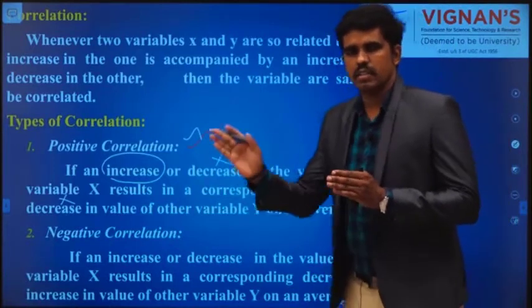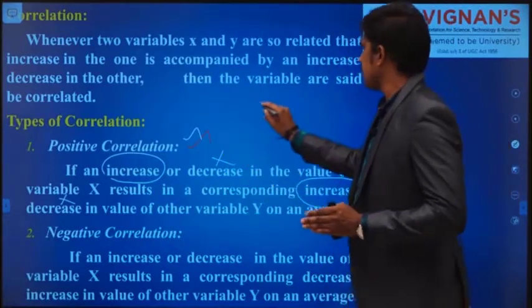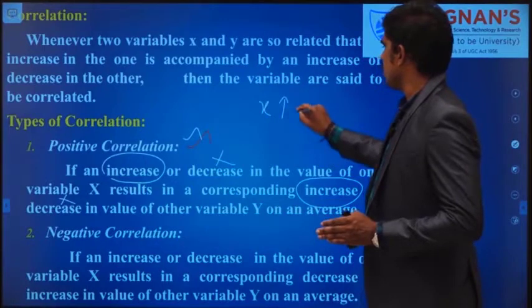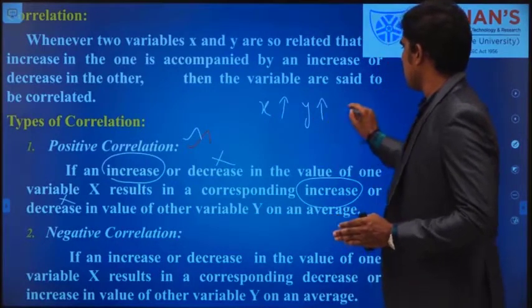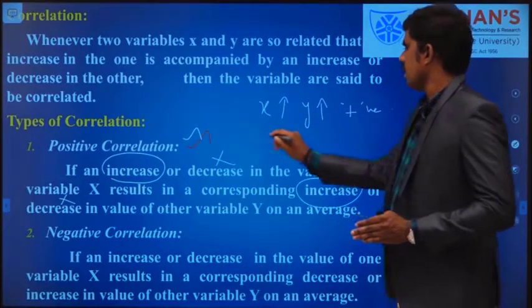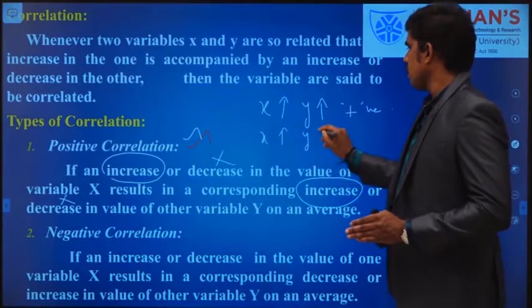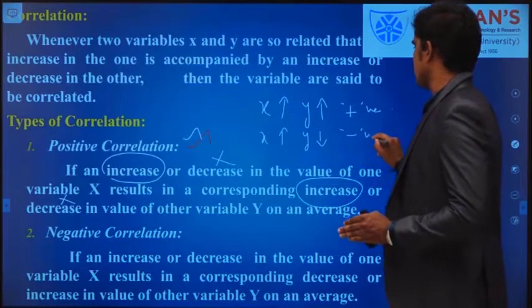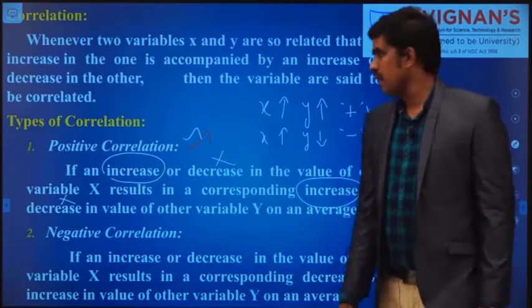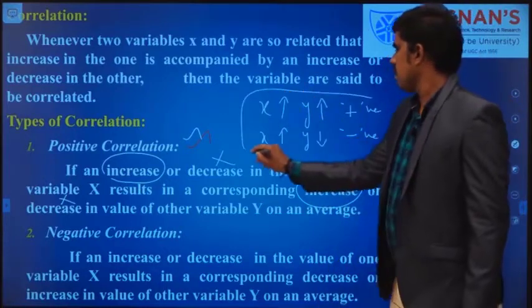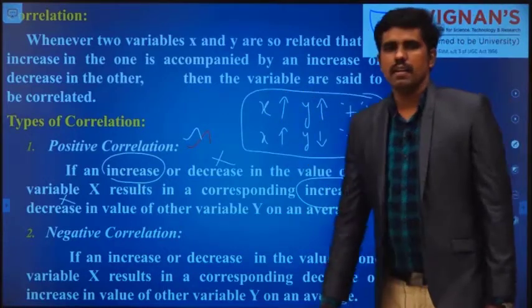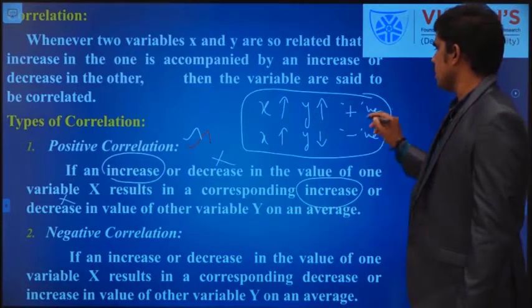Actually, the direction is the same. X increased, y increased, positive, that's all. When x is increasing and y is decreasing, it means negative, that's all. Simply, you can remember by looking at this symbol. When x is increasing, y also increasing, positive.